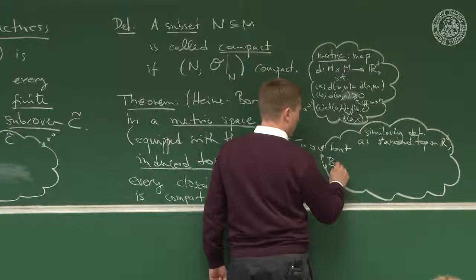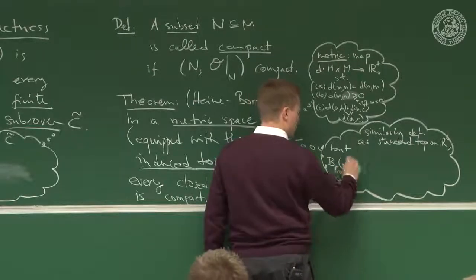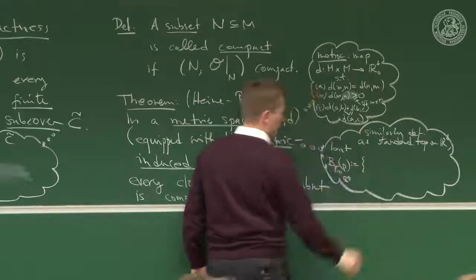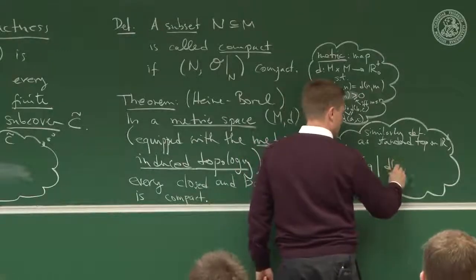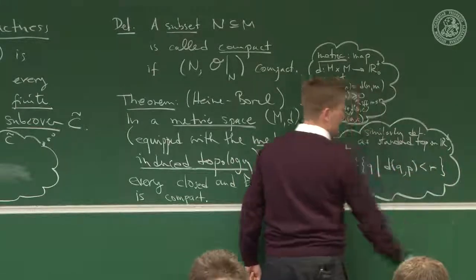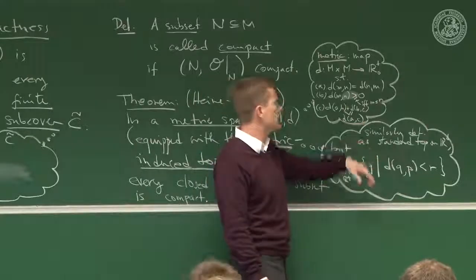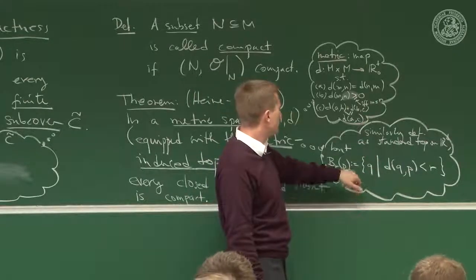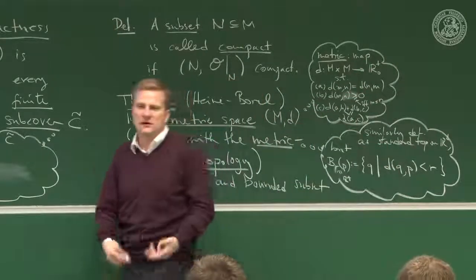The ball around a point P, with radius R in R plus, around a point P of the topological space, is the set of all Q such that the distance from Q to P is less than R. So you see, instead of a norm, which clearly induces a metric on R^d, where you have an addition, a subtraction, and so on, there are spaces on which you have no addition.